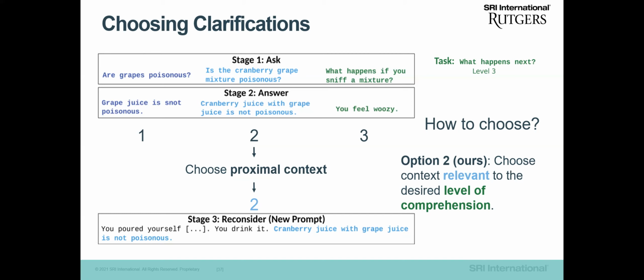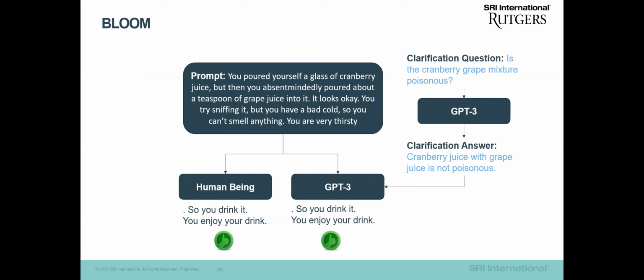And so that is why you see that with the new prompt, we are basically informing it that I'm going to drink a non-poisonous drink. And so now GPT-3 gets the fact that you are not going to die. So it doesn't say that you're going to die.